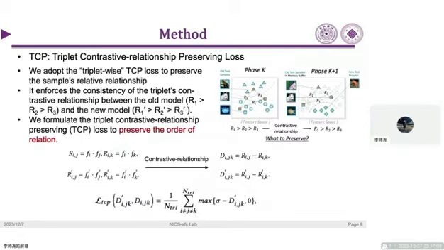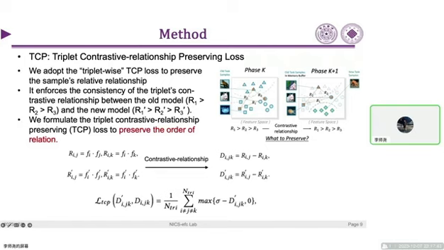The first component is the triplet contrastive relationship preserving loss. We adopt the triplet-wise TCP loss to preserve the sample relationships. This loss enforces the consistency of the triplet contrastive relationship between the old model, which is R1 greater than R2 and greater than R3, where R is the cosine relationship, and the new model, which also keeps the same order.